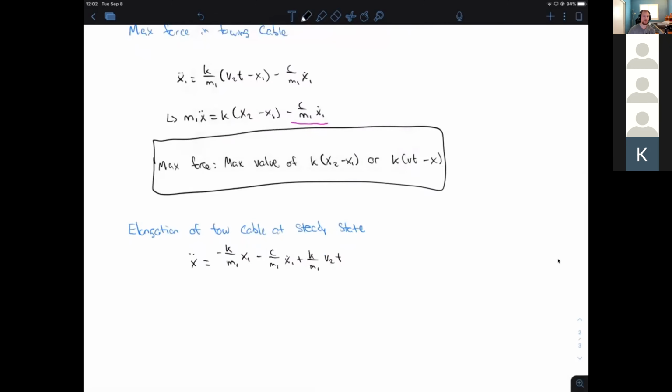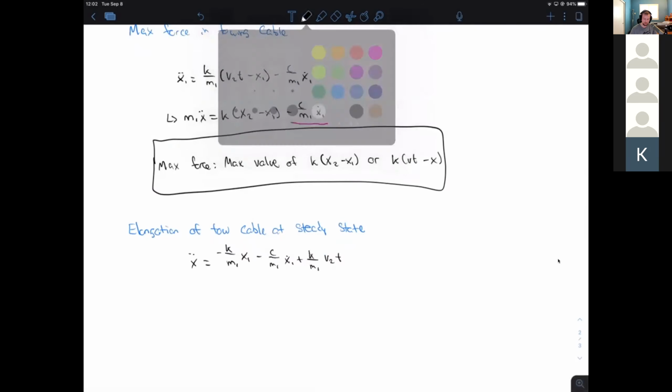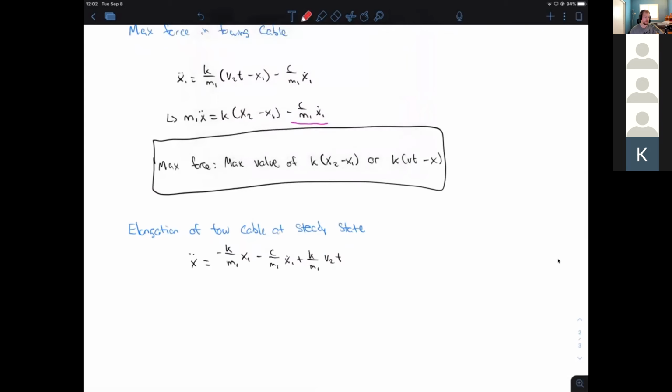Okay, so we want to look again at steady state. So if we're at steady state, then our acceleration is going to be 0. That's not going to be changing anymore. So x double dot, that's going to go to 0.